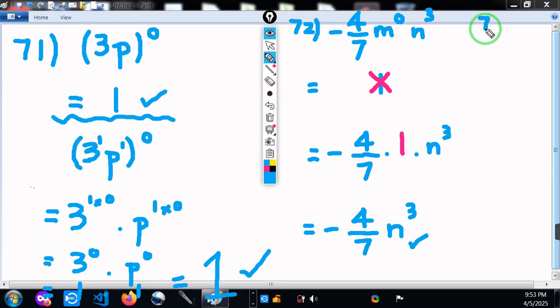Now number 73. Number 73 is this. Ooh. Open curve bracket 3 over 2x, close curve bracket, the power of 0.